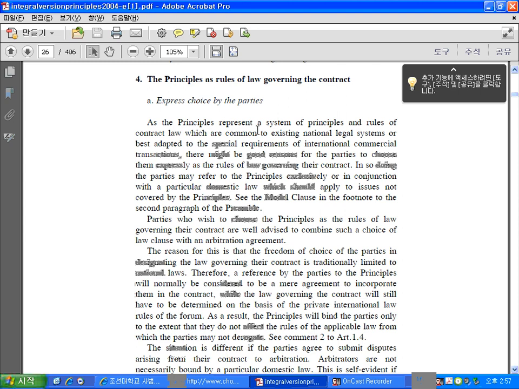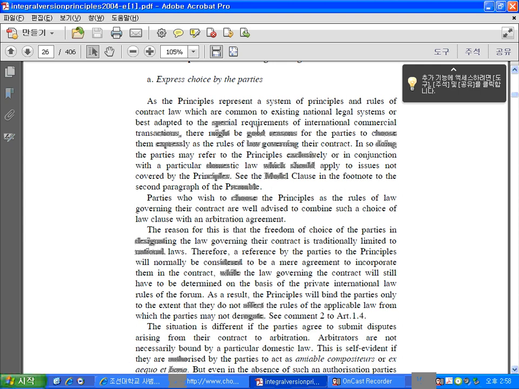Parties who wish to choose the principles as the rules of law governing the contract are well advised to combine such a choice of law clause with an arbitration agreement. So the drafters saw arbitration as a more efficient dispute settlement vehicle.